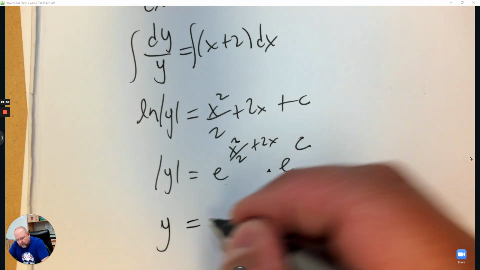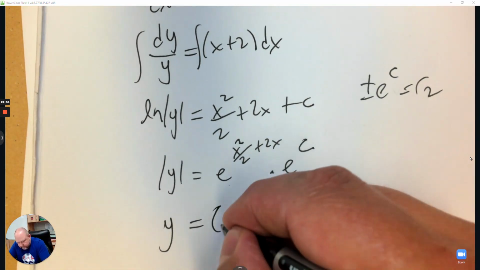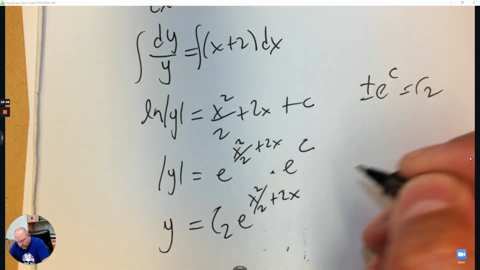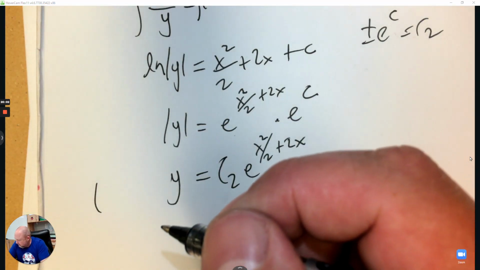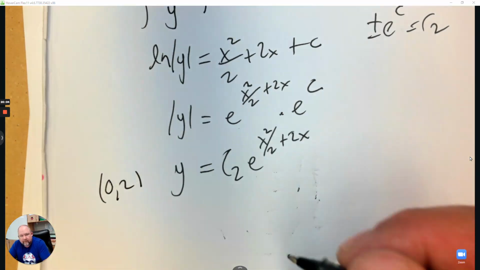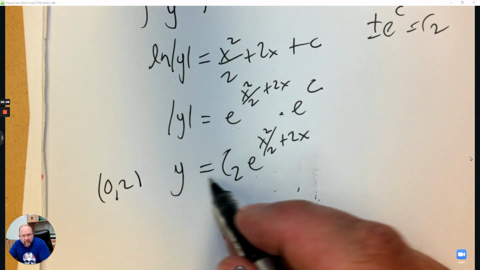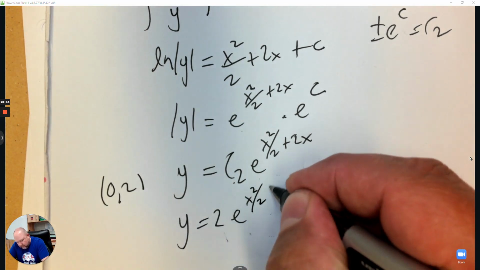To remove the bars, we're going to go plus or minus e to the c and change it to c2. And then plug in the point, and the point was (0, 2), right? So plug in 0 for x, so y is going to be 2. Done.